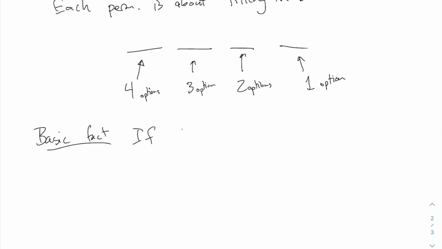How about if I make 2 independent choices? Now in this case I'm making actually 4 different choices, but the same is true of any number.